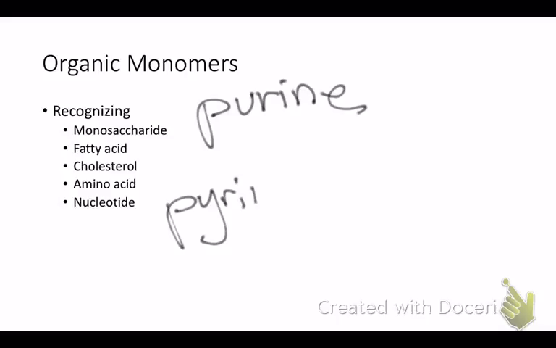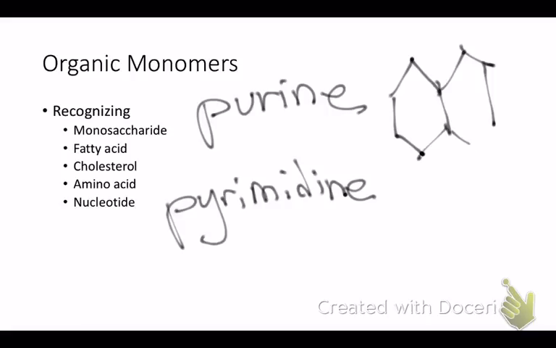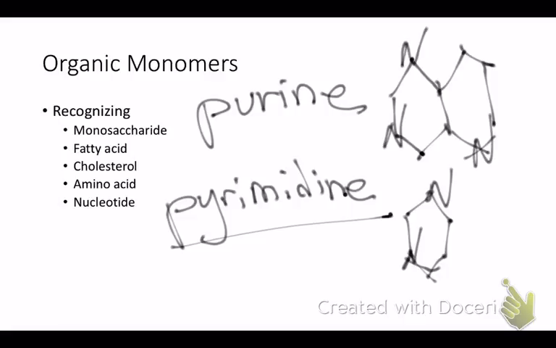And you can remember this by how many rings they have. How many rings does a purine have? Backwards. The bigger word has the smaller structure. So purines have a double ring, and pyrimidines have a single ring. They all have lots of nitrogen in them. And so what's the term for that? Nitrogen base or nitrogenous base.